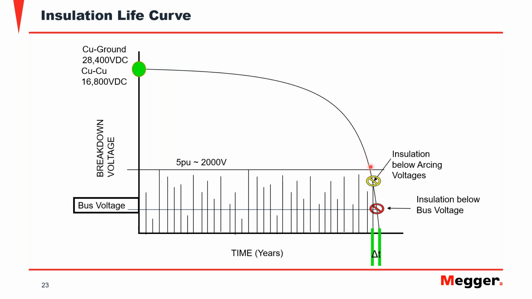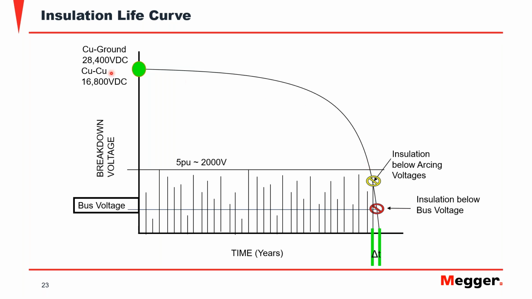But if the motor's insulation, when you are testing, is not good enough to withstand voltages up to 5 times per unit or thereabouts, depending on the voltage that you select, the standard that you're following, the type of motor that you're testing, and the criticality of your system, then even though you can probably put your motor back into service and it will probably work for a while, it will probably fail very, very quickly.